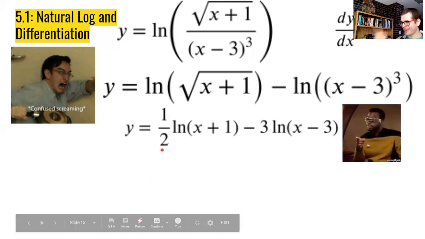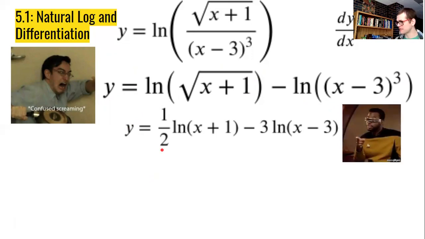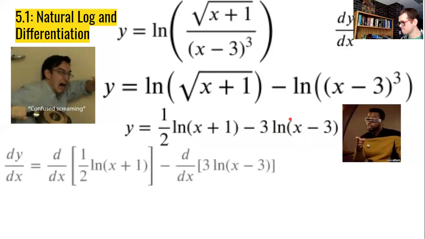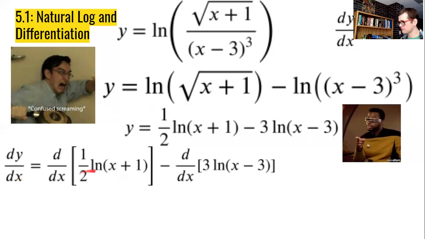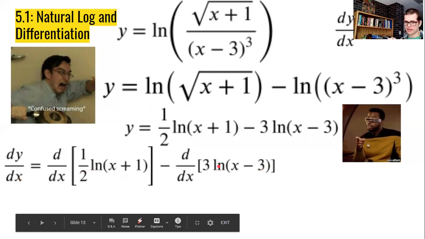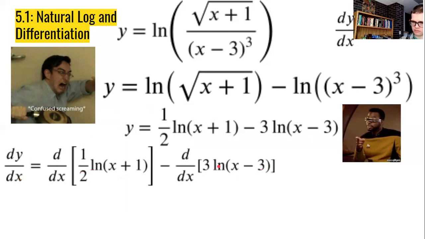Hey, that looks a lot simpler to take the derivative of. Both of these separately look more like the previous example I just showed you, as does this one. So now we'll take the derivative of everything. Again, the derivative of y with respect to x is just dy dx. And again, I'm pointing out the derivative of this minus the derivative of that. So again, I know where I'm going with everything.